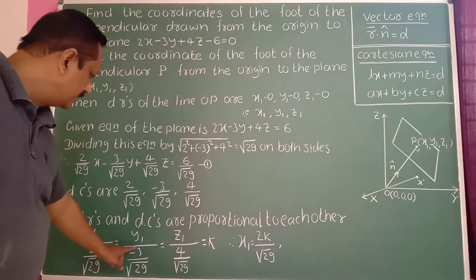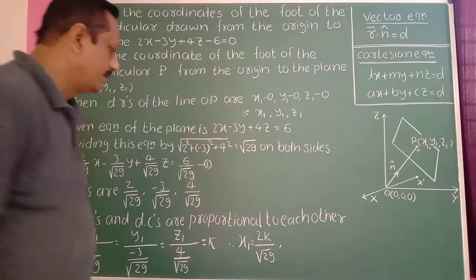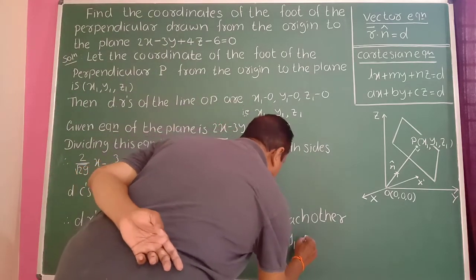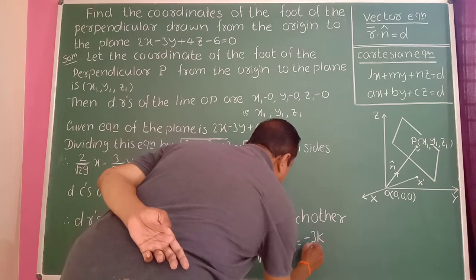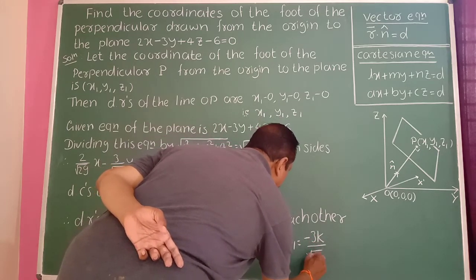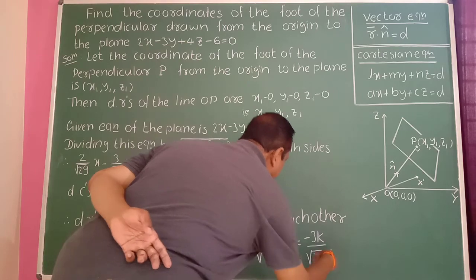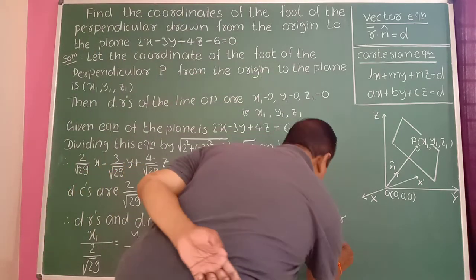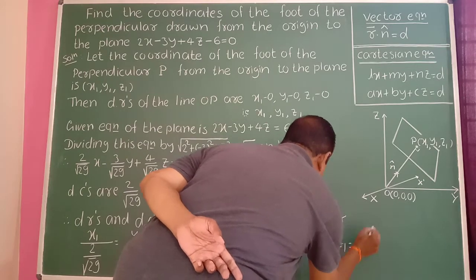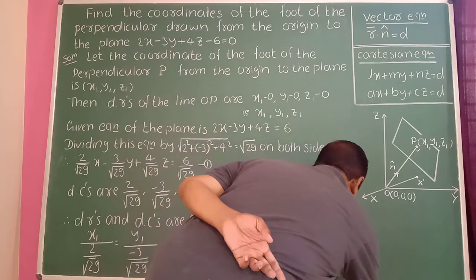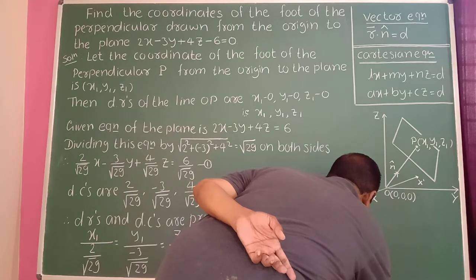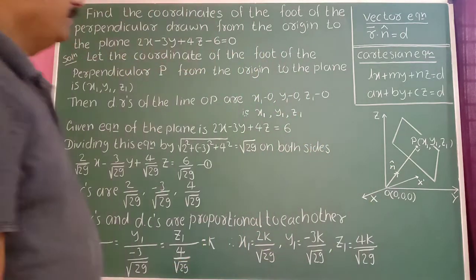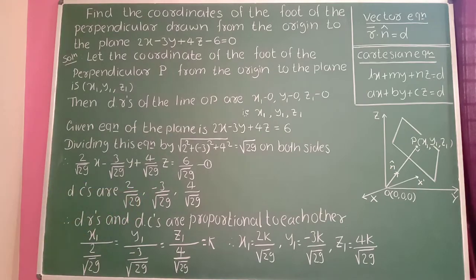Similarly, y1 is equal to minus 3 into k divided by root of 29. And z1 is equal to 4k divided by root of 29. So these are x1, y1 and z1.